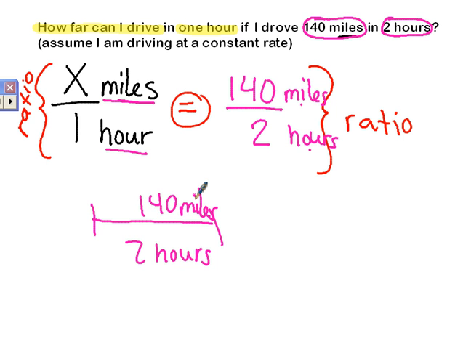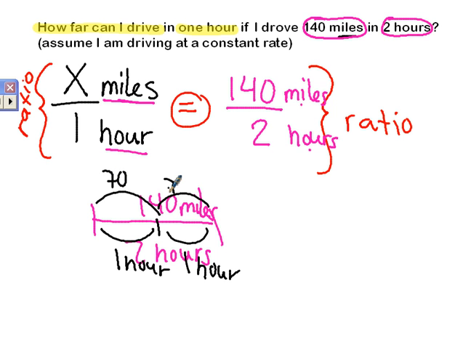Since we're trying to figure out how far I could go in 1 hour, I know that that's half the amount of time. And if I'm only going half the amount of time, then I can only go half the distance. So I had to take the 140 miles and split it in two to see that half the distance was 70 miles.